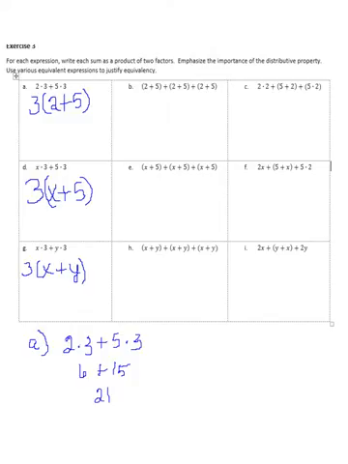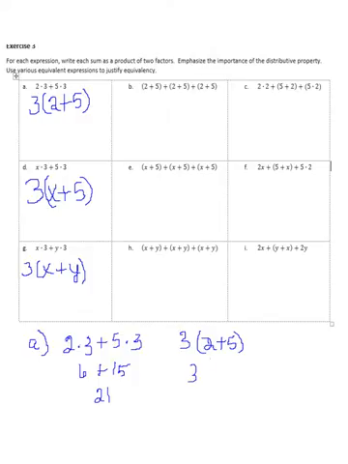Okay, so I'm saying that 3 times the quantity of 2 plus 5 should give me 21 as well. So let's try that just right over here. 3 times 2 plus 5 should give me 21. Now, I do what's inside the parentheses first, according to PEMDAS.